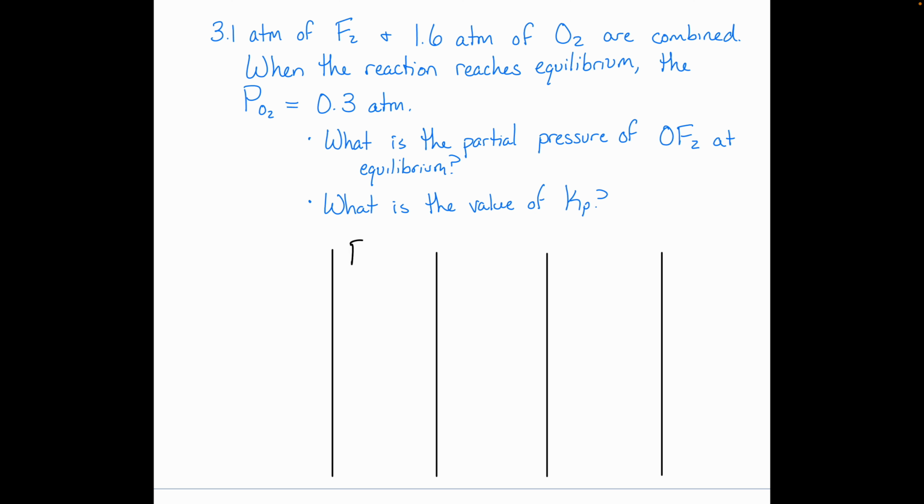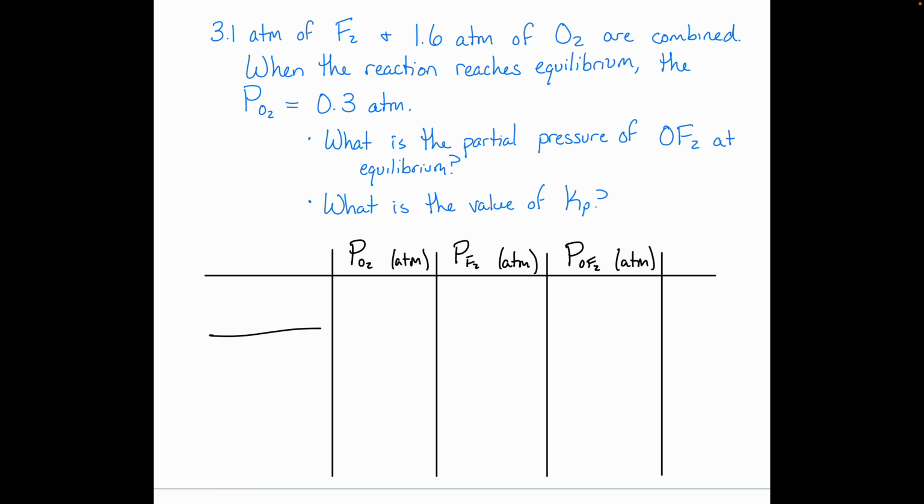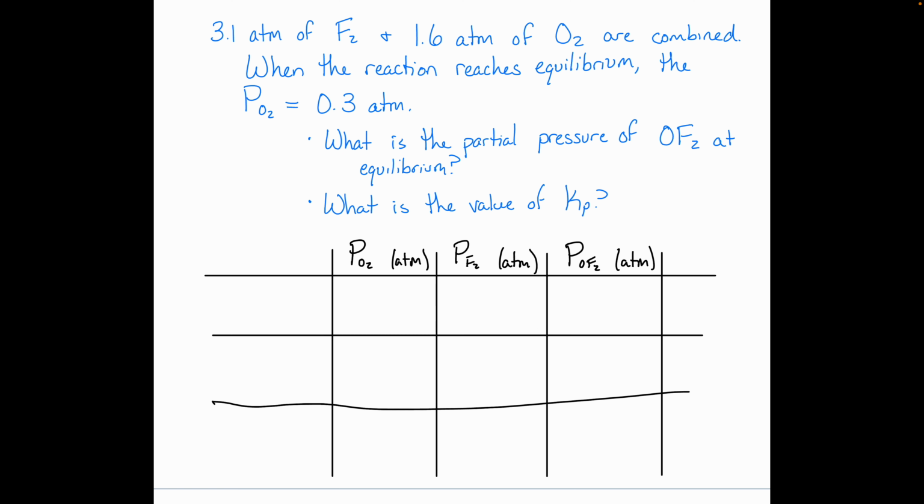Pressure O2, pressure F2, and then our product, OF2. I'm going to put my units up at the top here so I don't have to keep track of them throughout. These are all in units of ATM. All right, and again, we got these three rows, I, C, and E.